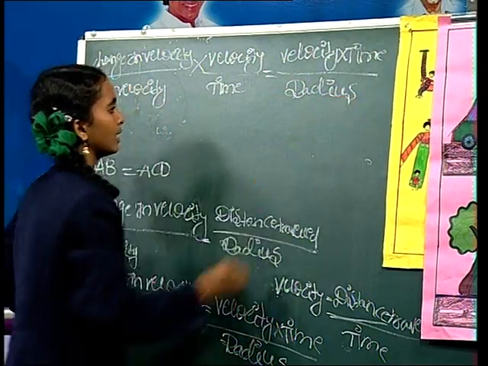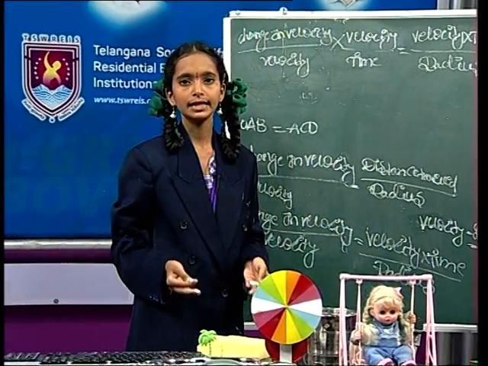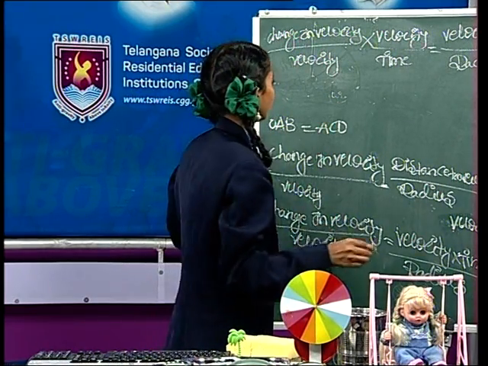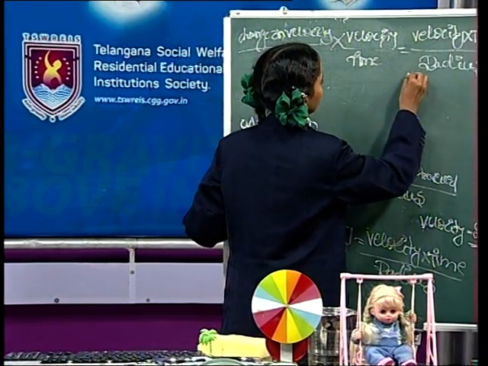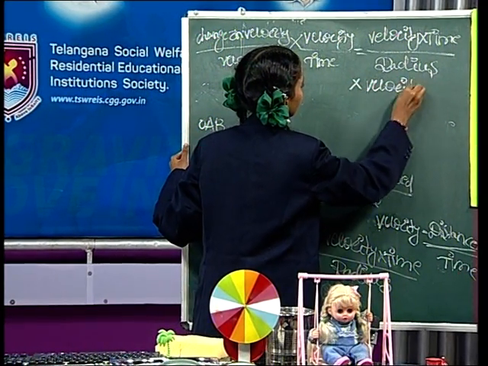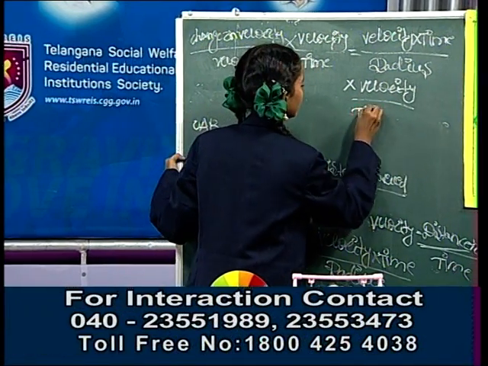So I am writing here radius, and I already told you to multiply with velocity and divide with time. So I am going to multiply with velocity and divide with time.